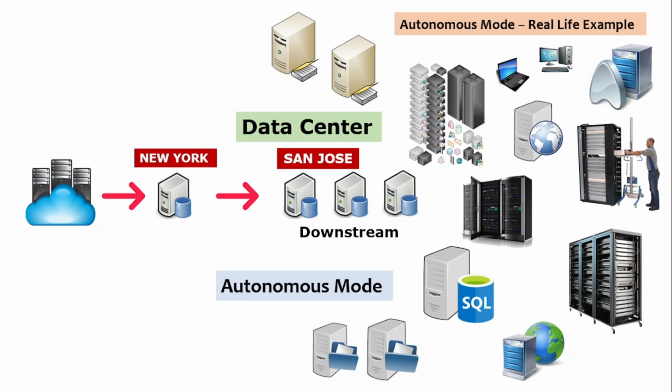So if your data center is big enough, with thousands and thousands of servers, we can dedicate one server for database servers and file servers, another server for domain controllers, and some other server for workstations. So it again depends on your infrastructure. So this is all about autonomous mode.